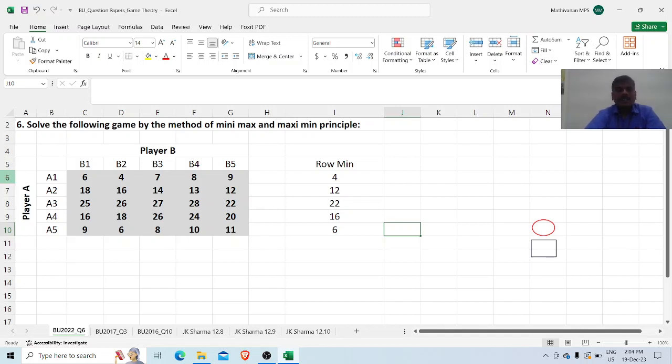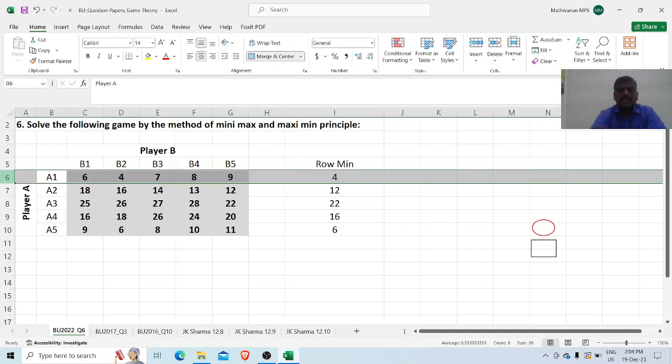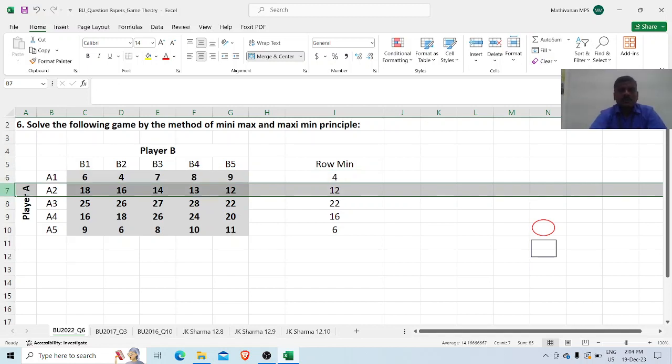What is the meaning? When player A is using strategy 1, whatever may be the strategies of player B, the minimum gain for player A is 4 points. Second, player A is using the second strategy.